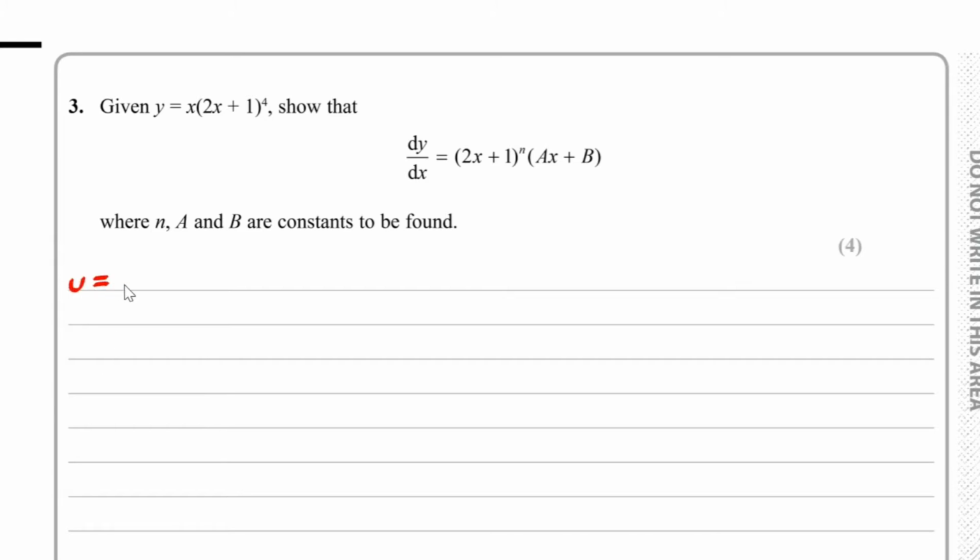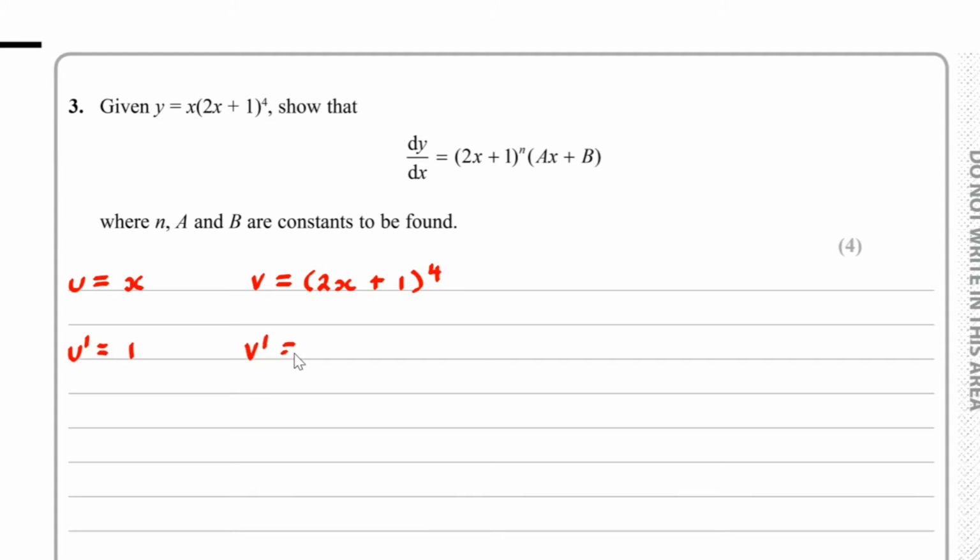We've got u, which is equal to x. U dash is therefore equal to 1. We've got v, which is equal to 2x plus 1 to the power of 4.